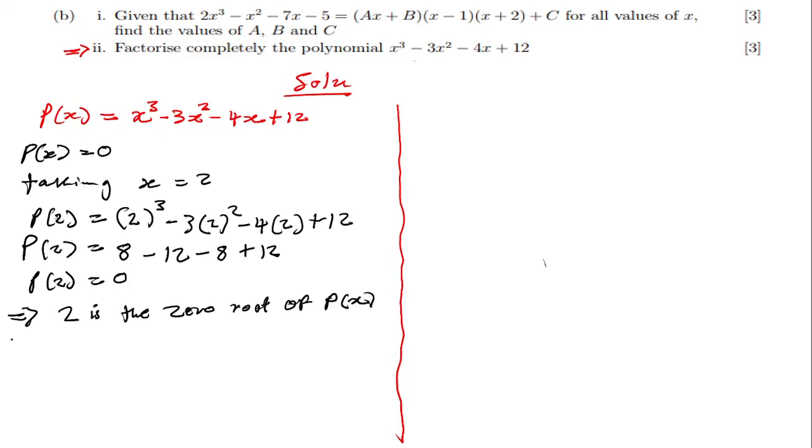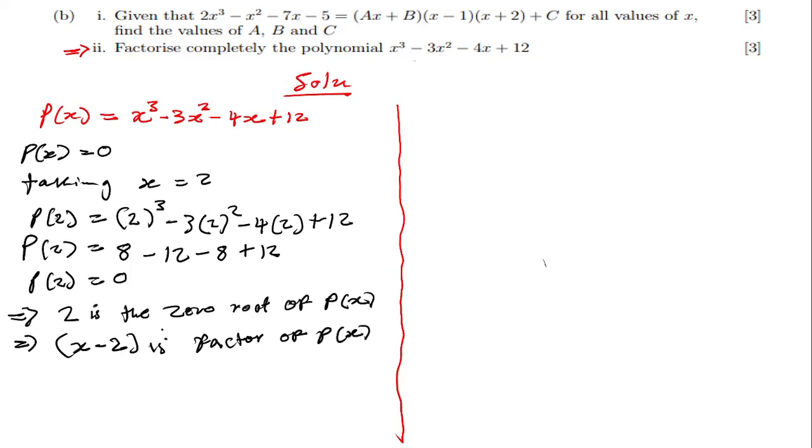And if 2 is the zero root of that particular polynomial, then that simply means that x minus 2 is a factor of p of x. So if 2 is the zero root, then x minus 2 is the factor of p of x.